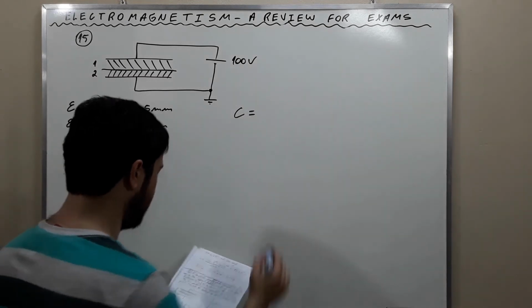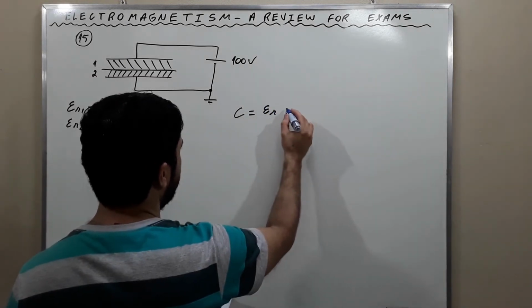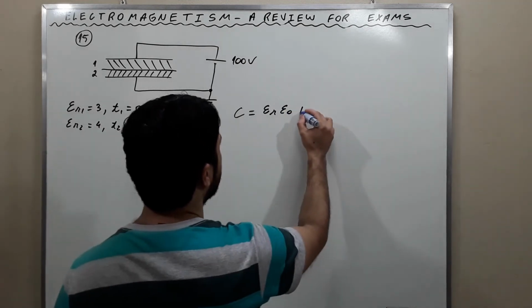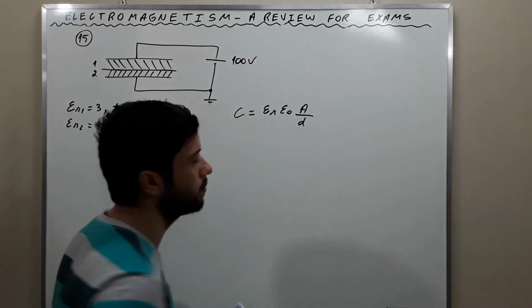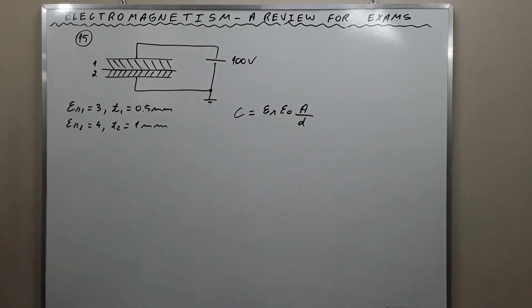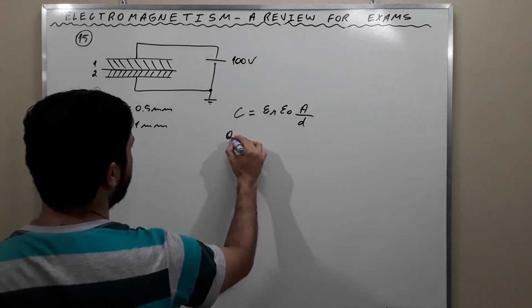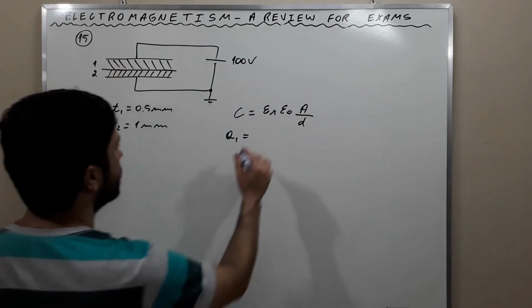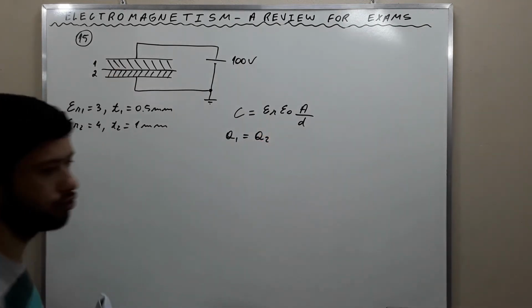C, the capacitance, is equal to the relative permittivity times the permittivity of free space times the area divided by the separation. Okay? And when capacitors are connected in series, charge will be evenly distributed on them, which means that Q1, the charge in dielectric 1, is equal to the charge in dielectric 2.